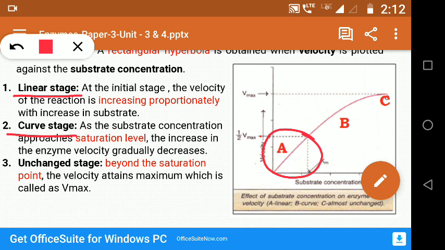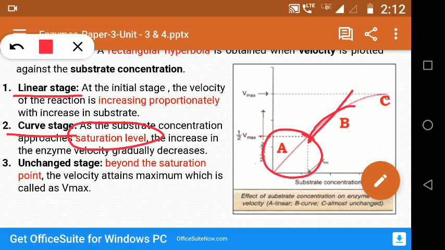And the second stage is the curve stage. It is not straight, it bends a little bit, because it is reaching the saturation level. That means the amount of substrate is reaching the saturation level towards the enzyme, almost satisfying all the enzyme molecules.